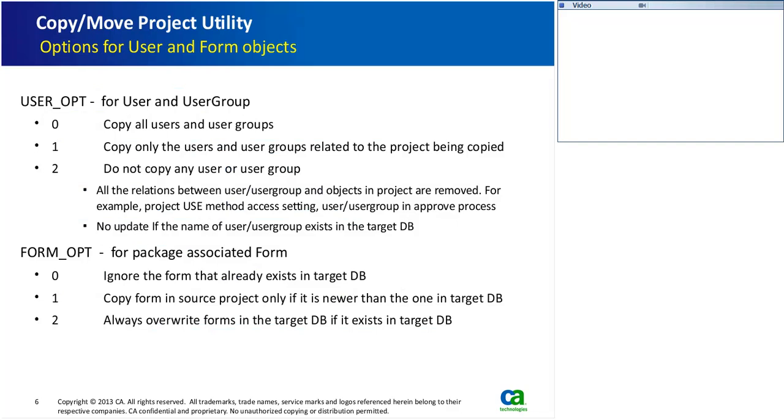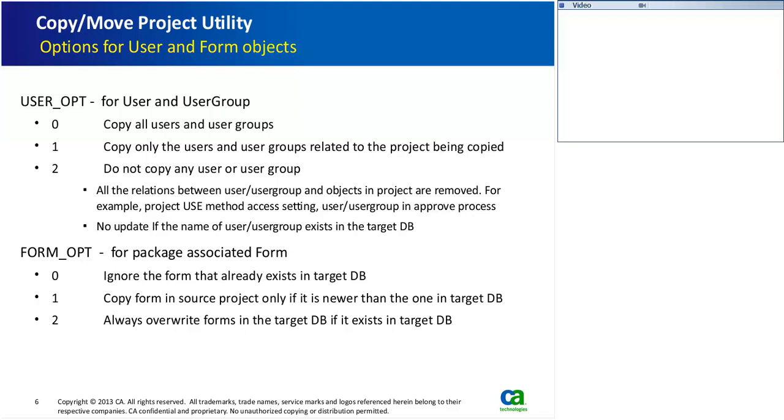So for each one of them, we offer you three options. You can decide how you're going to deal with those common shared objects, the related user groups. So 0 means you want to copy all the user groups over from the source database to the target database. All right, and then 1 means only copy those user groups related to the project, right?